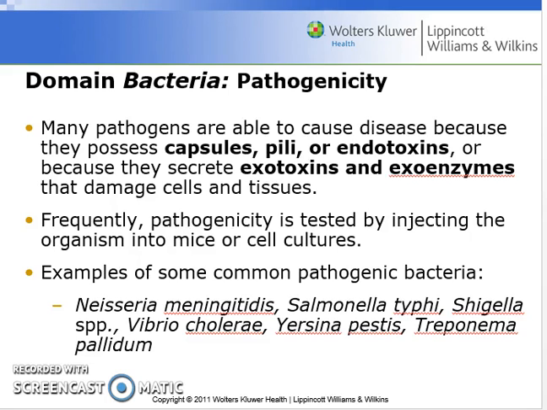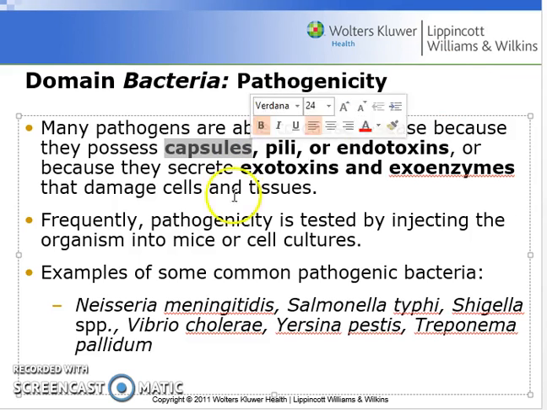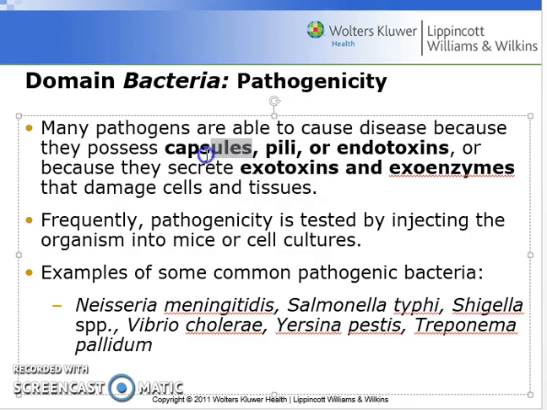Capsules enable bacteria to evade mechanisms of the immune system that can be used to get rid of bacteria from the host body. The capsules can't be digested by immune cells, so this provides extra protection for the bacteria, making it more pathogenic.